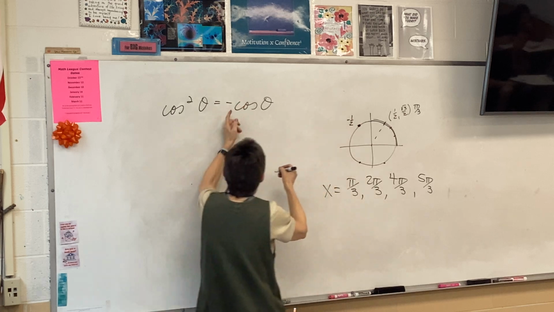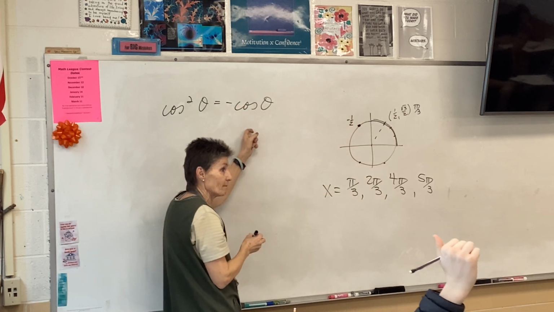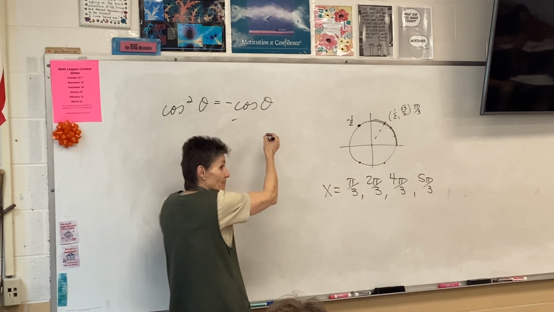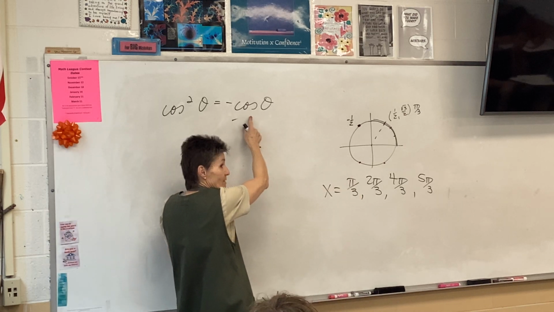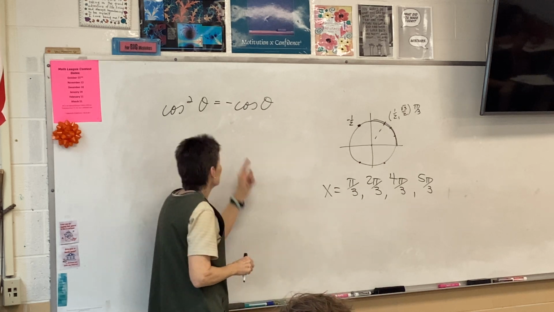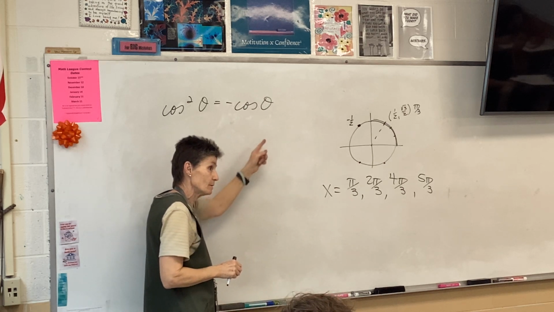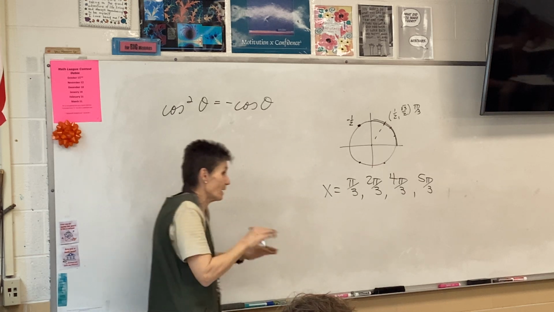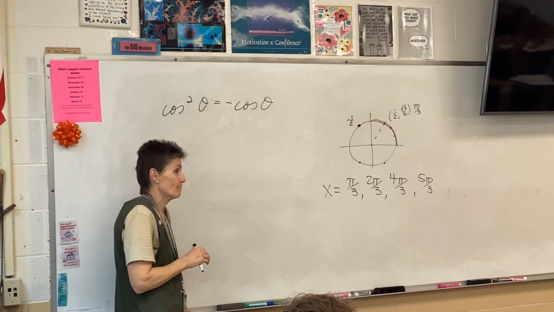But when I make it negative, then it becomes positive 1/2. This is the opposite of the cosine. And if the cosine is already negative, then this is actually going to be positive. Now, there may be no solution, but I can't tell without solving it out.